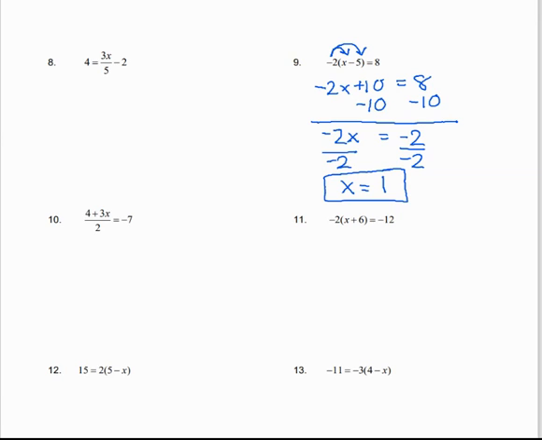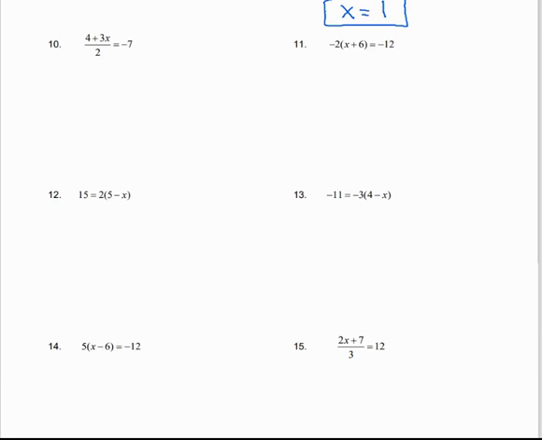Okay, let's look at number 11. Again, we see that distributive property, so let's distribute. Negative 2 times x is negative 2x. Negative 2 times 6 is negative 12.